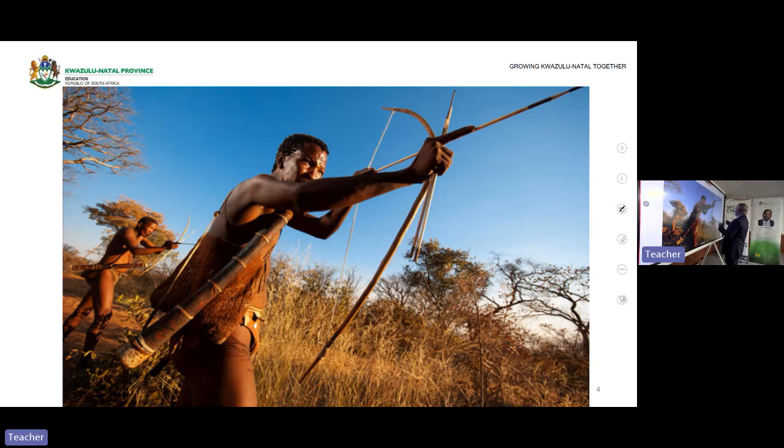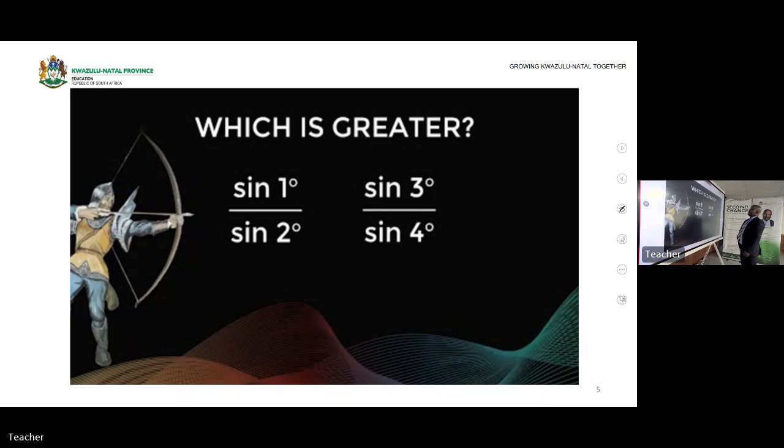But let me not waste so much time on that one. It was after this that the presentation came into effect, whereby a person with a bow and arrow was shooting some equation or inequality, if you were to call it that, because it asks which is greater between these two.